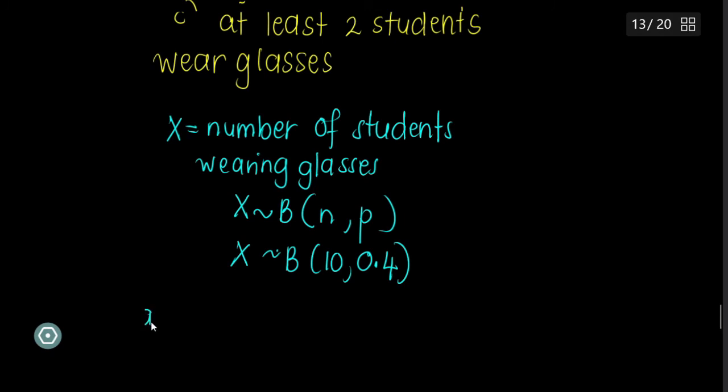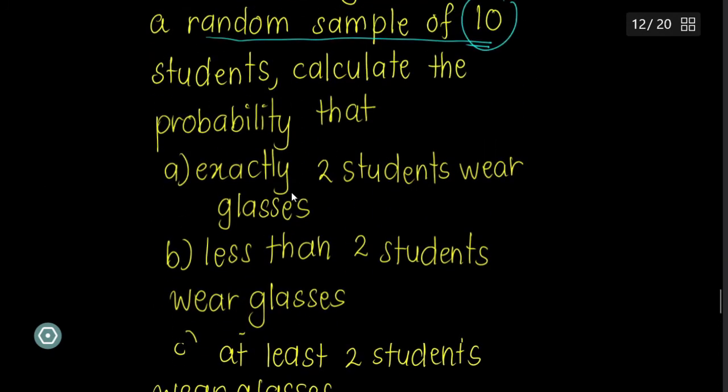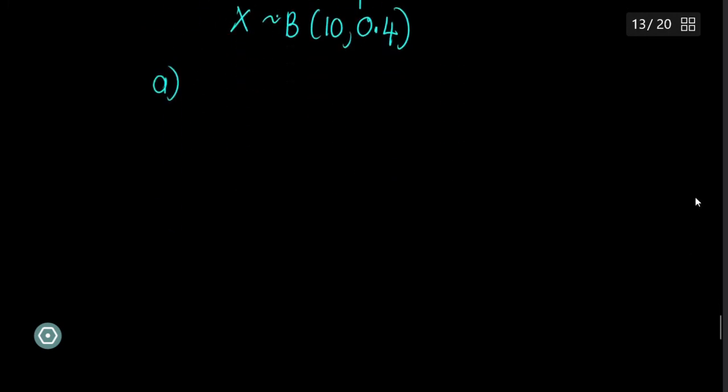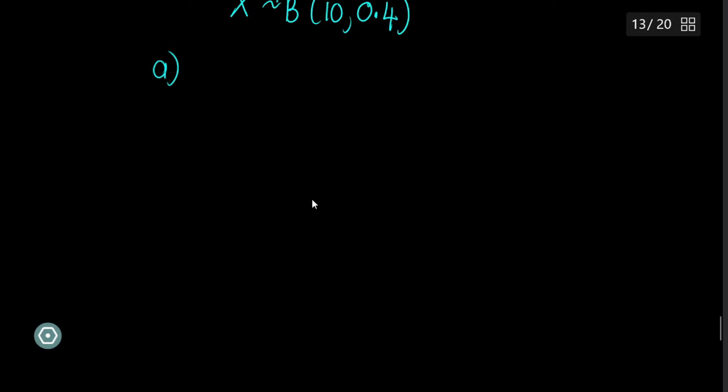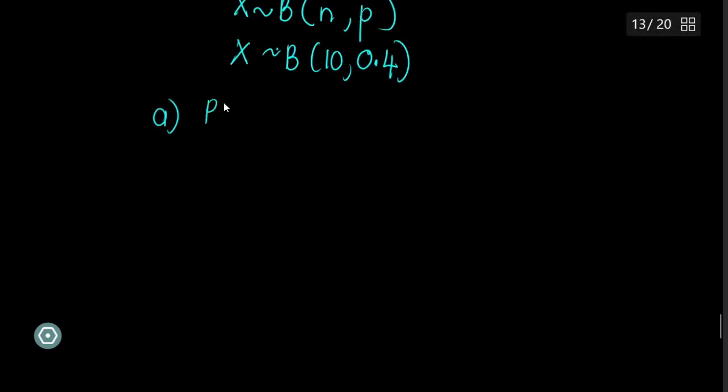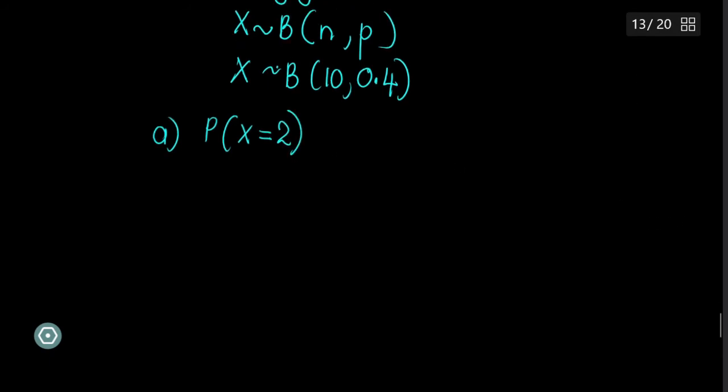Okay, now we can do question A. Find the probability that exactly 2 students wear glasses. So, what is our x? The probability that x exactly equals 2. So straight away, key it into the formula.